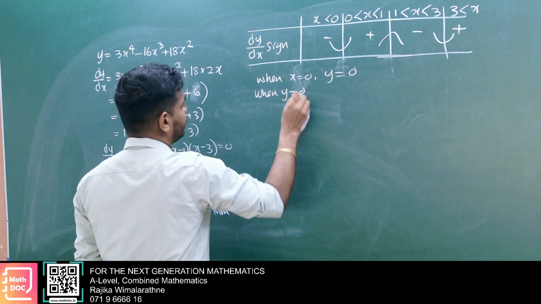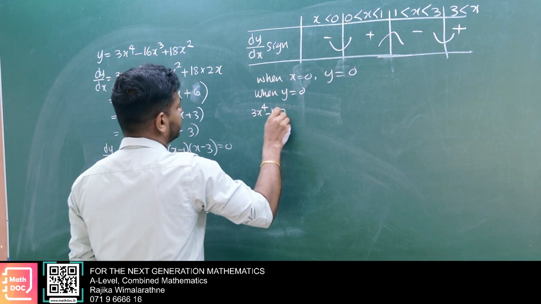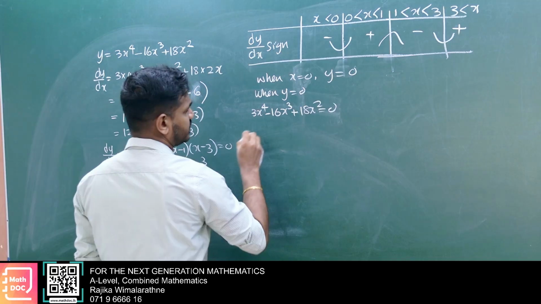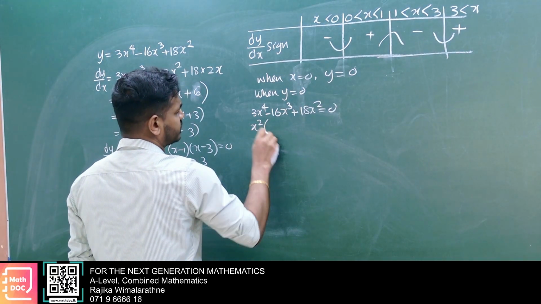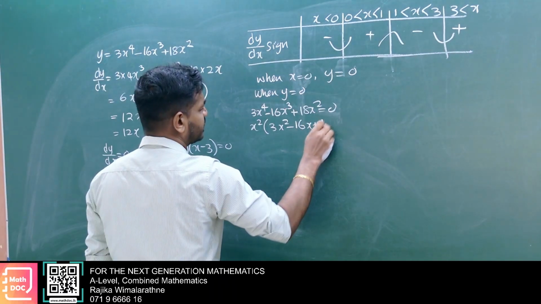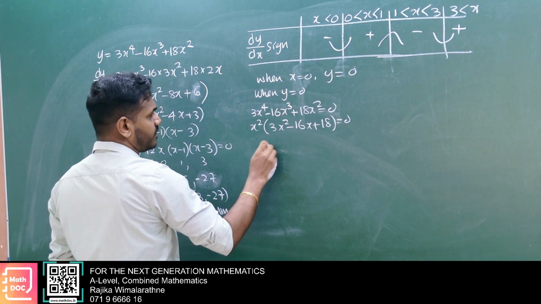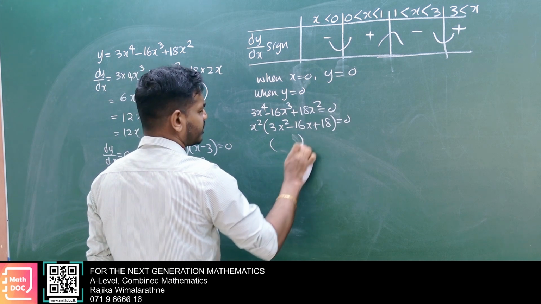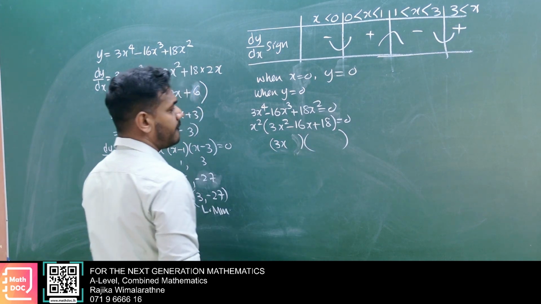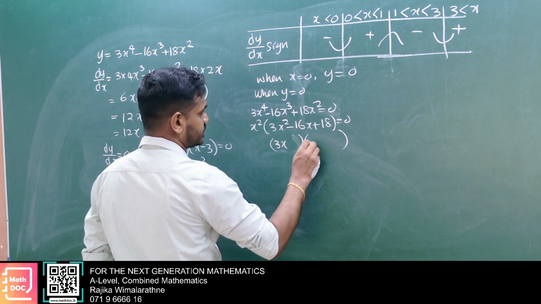When y is 0: 3x to the power 4, minus 16x cube, plus 18x square equals 0. Take x square outside: 3x square, 16x plus 18, equals 0. Try to factorize.